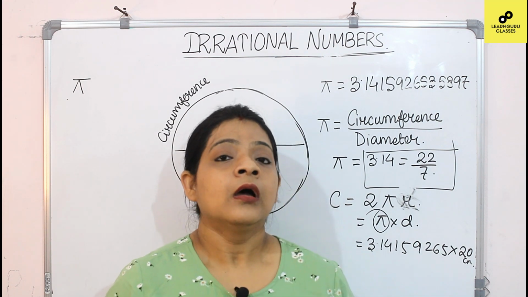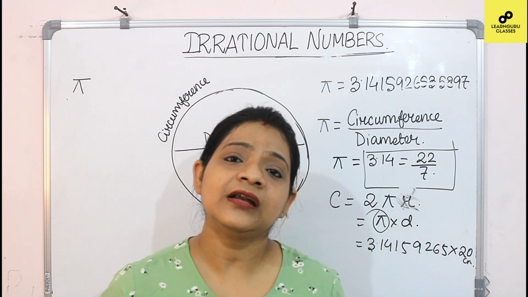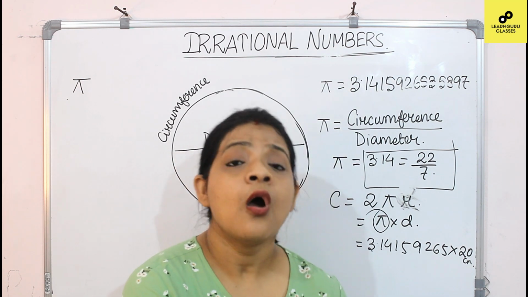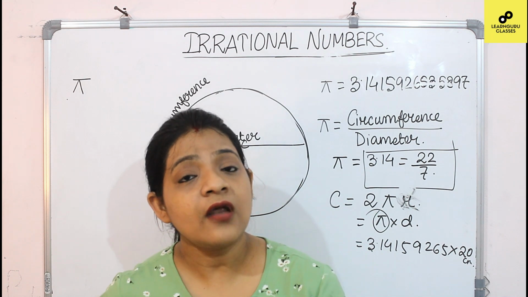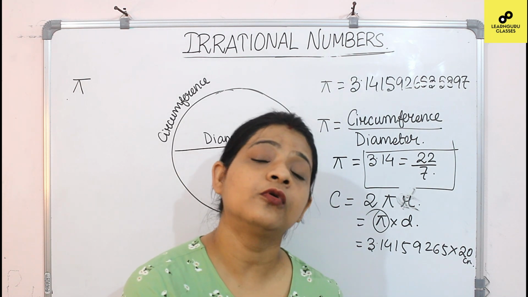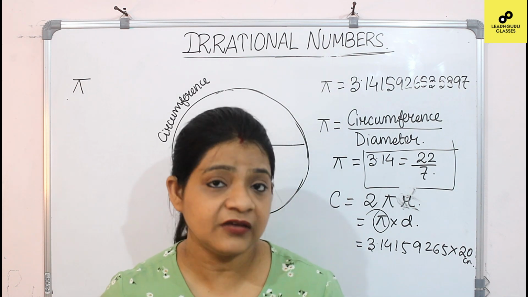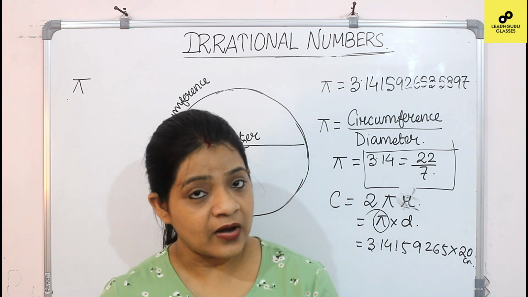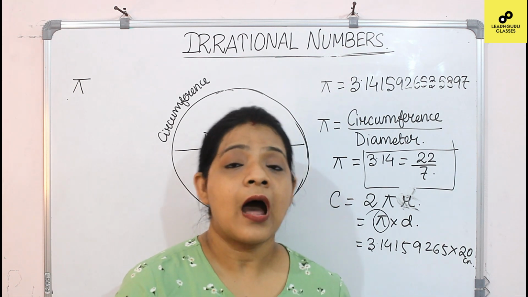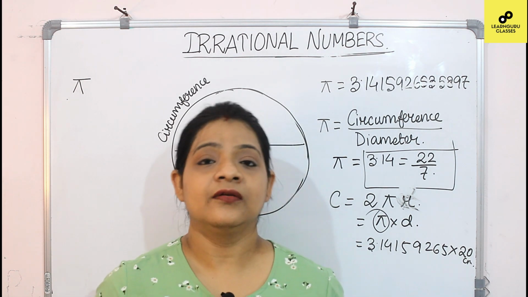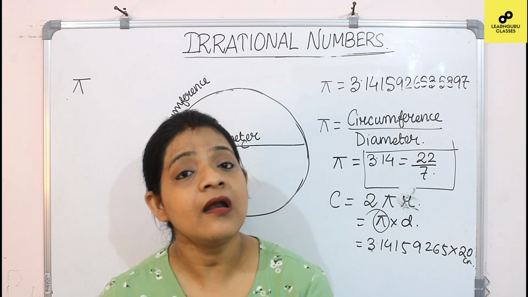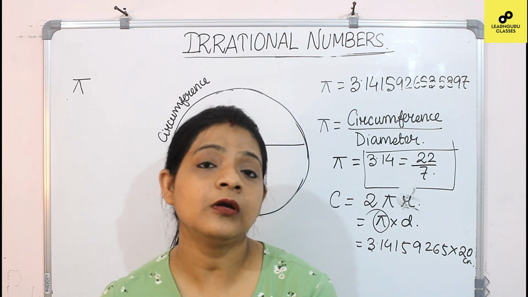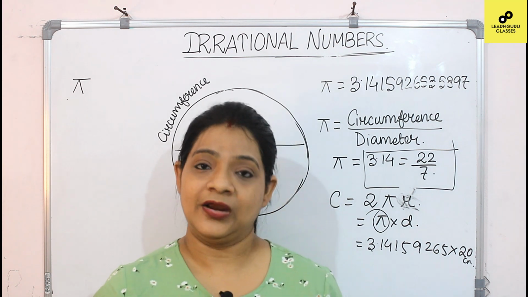Now you have studied that any non-terminating, non-repeating decimal expansion, or the square root or cube root of positive numbers other than perfect squares under the square root or perfect cubes under the cube root, are irrational numbers. Perfect squares under the square root and perfect cubes under the cube root are termed rational numbers.